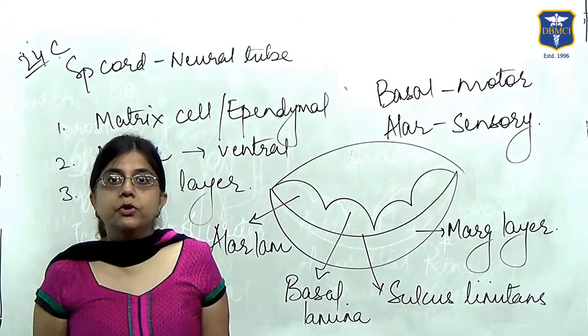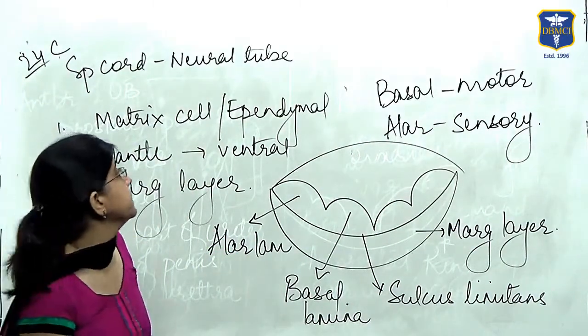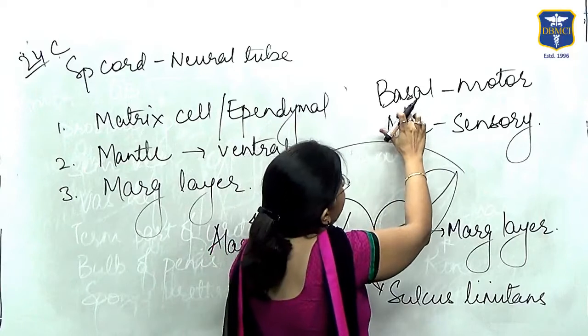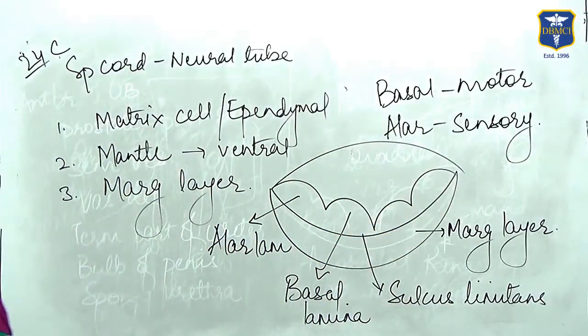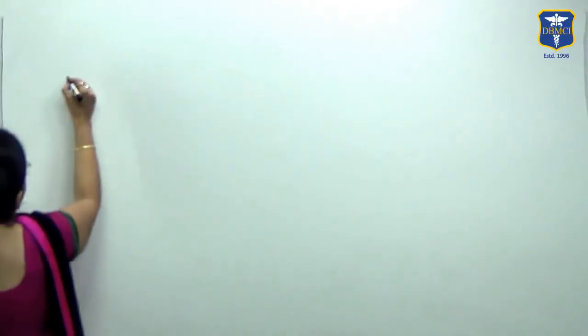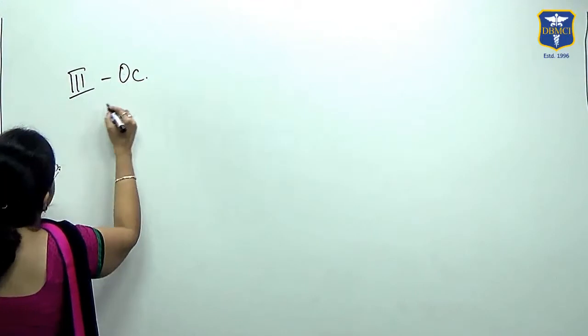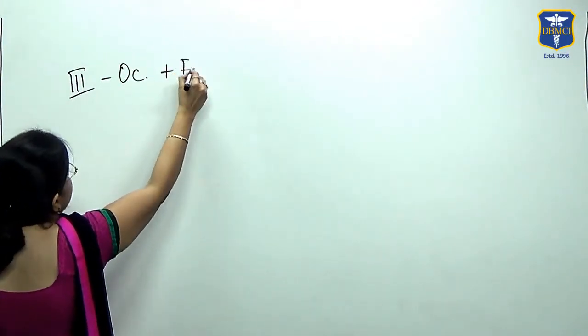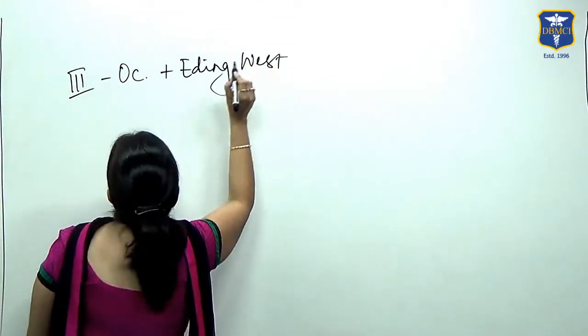Since hypoglossal nerve is motor, it develops from the basal lamina. The basal lamina will give rise to the third nerve nucleus, that is oculomotor. It will also give rise to the Edinger-Westphal nucleus.